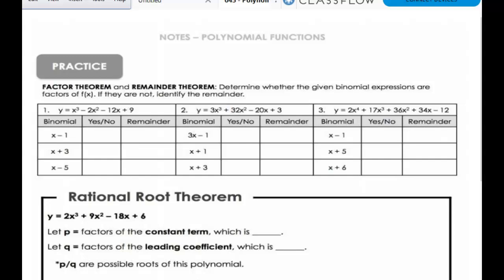Okay, so if you look at the top of the chart, it gives me a polynomial and a binomial, and then it asks me whether it is a factor or not. And if it is not a factor, tell me the remainder.